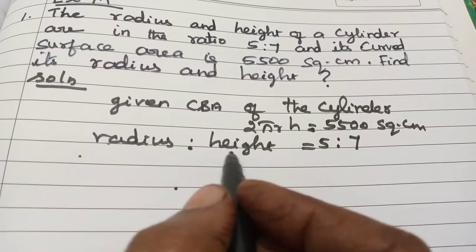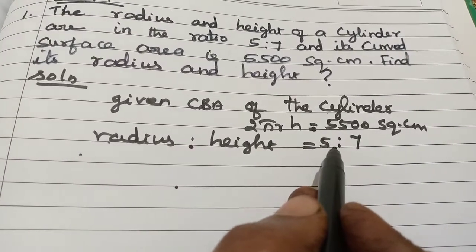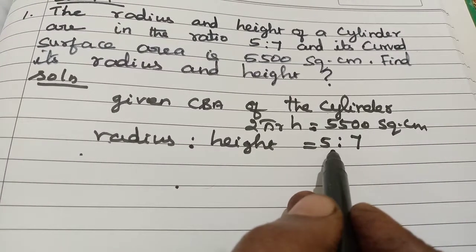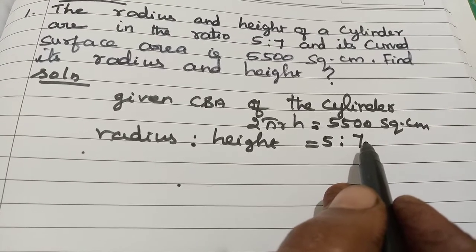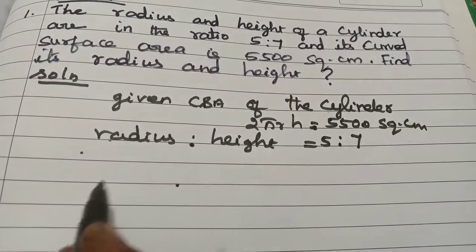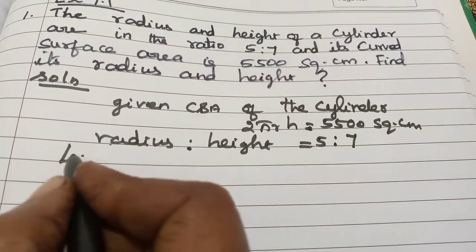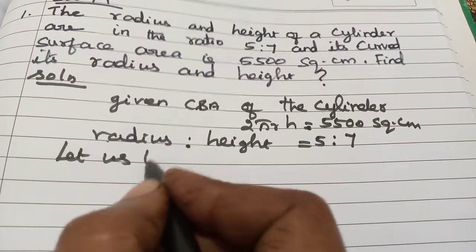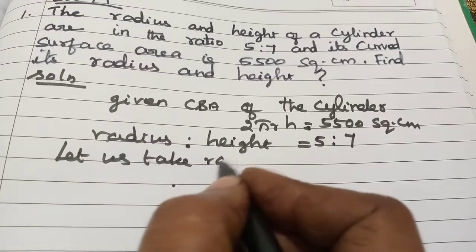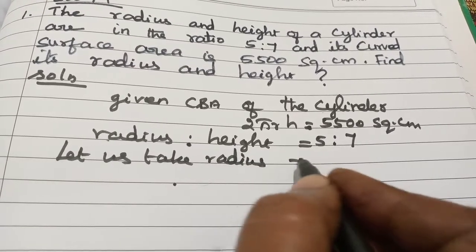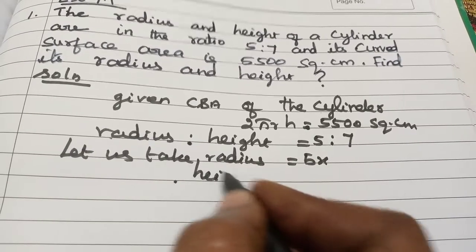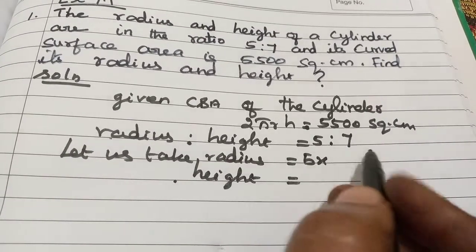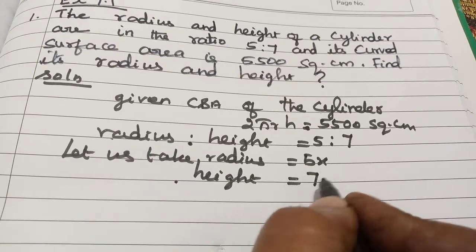Let us take the radius as 5 into a variable x, as well as the height as 7 into the variable x. So radius equal to 5x, height is equal to 7x.